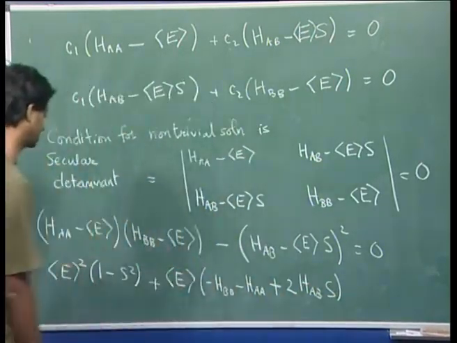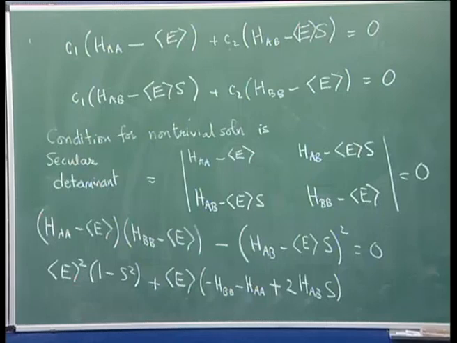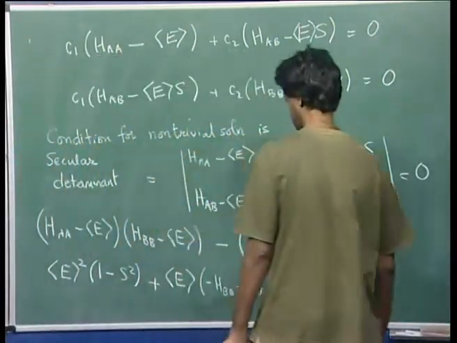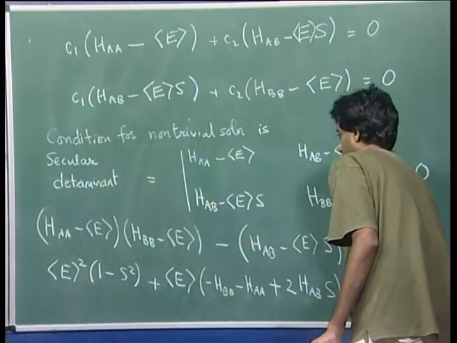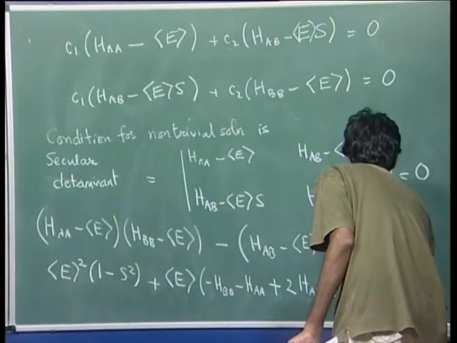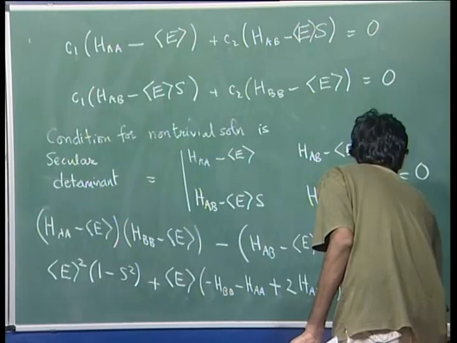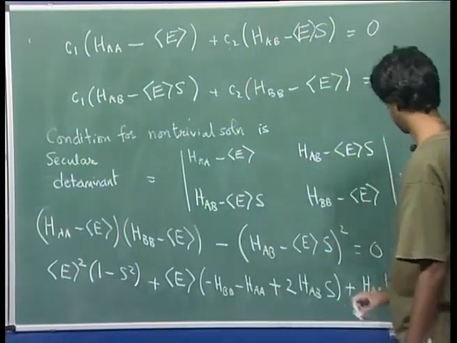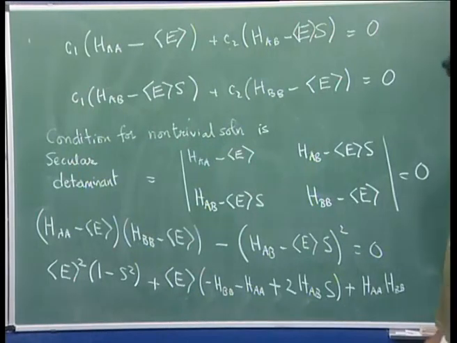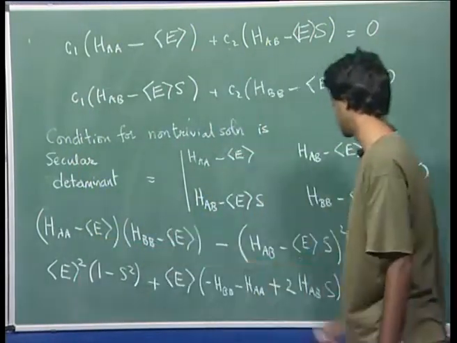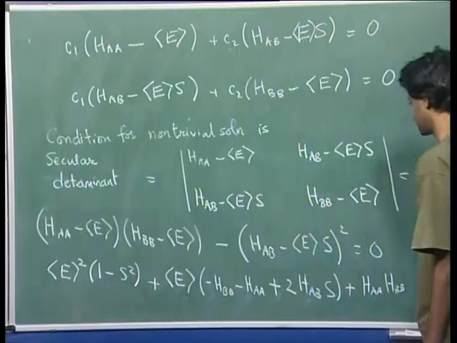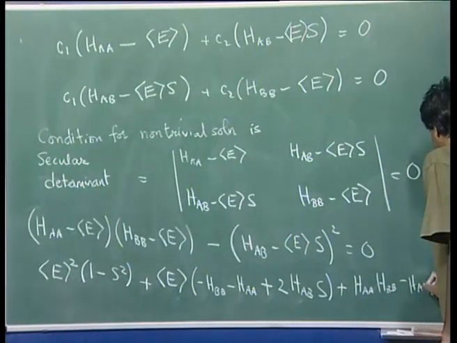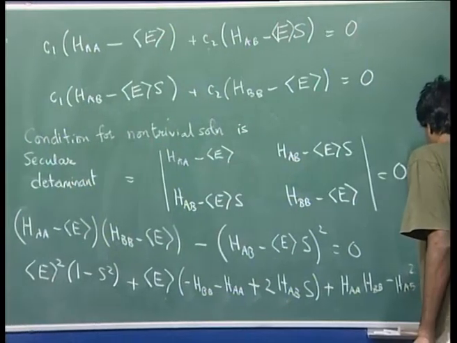So, these are the terms multiplying E, and then the terms that do not have any E are given by, plus HAA HBB, and then from here you will have minus HAB square, equal to 0.